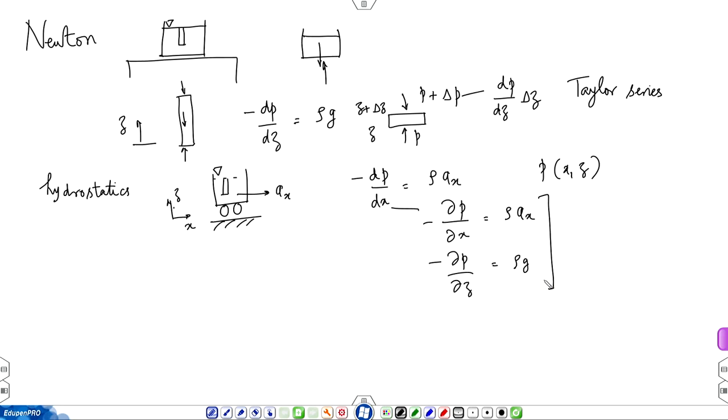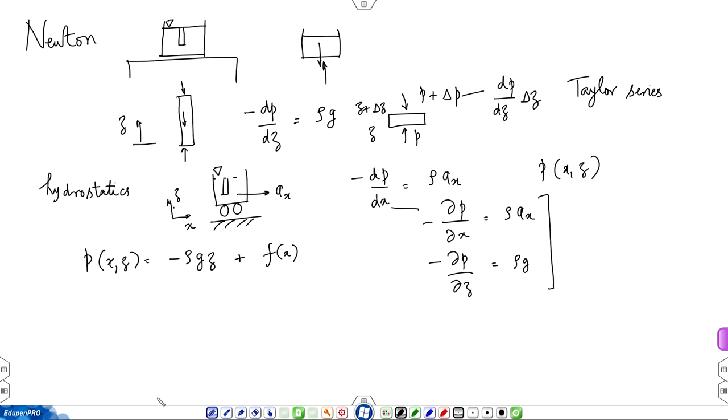So, I am sure you can integrate these equations. Each person will have his own style. The method given in the book, you start with the second equation and write p, which is a function of x and z, is equal to minus rho g z plus the constant of integration, which can now be a function of x.